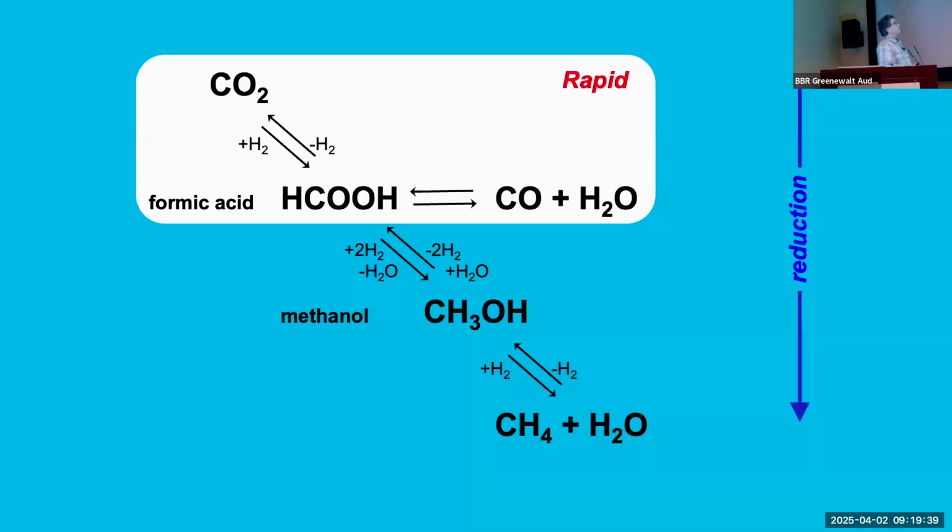So I want to go to a different system now, one that looks at the occurrence of low molecular weight hydrocarbons in the high temperature end-member black smoker fluids, and go to processes occurring in perhaps some of these lower temperature mixed fluids. This is a reaction sequence of a stepwise reduction of CO2 to methane. We've examined this through a series of laboratory experiments.